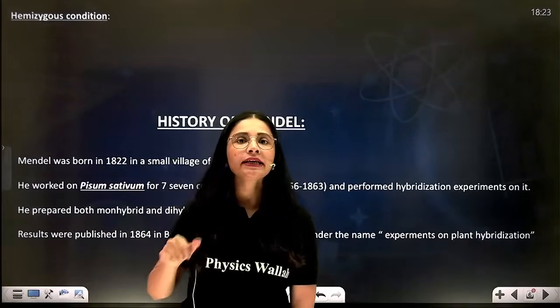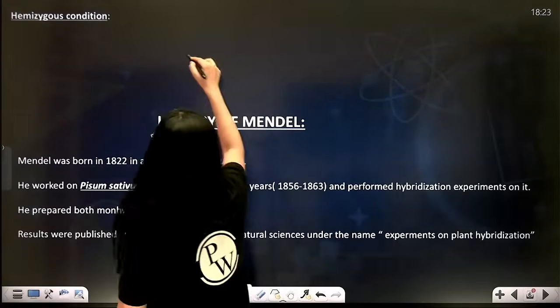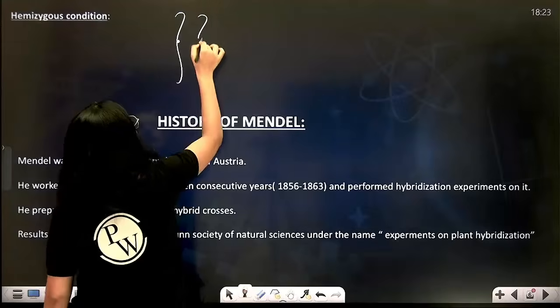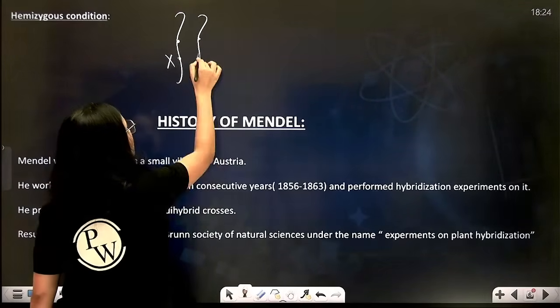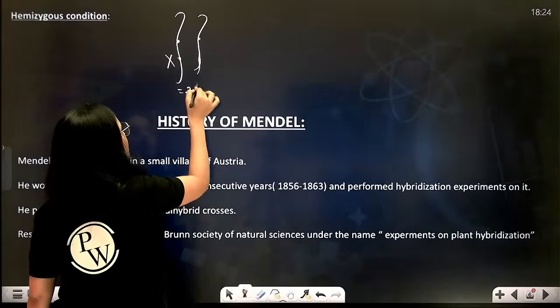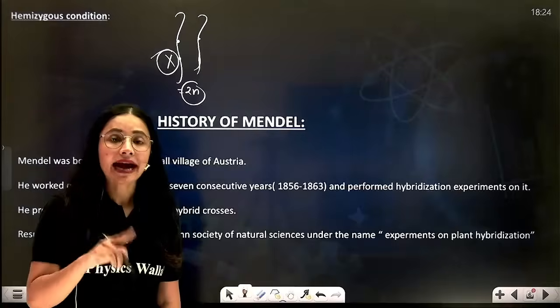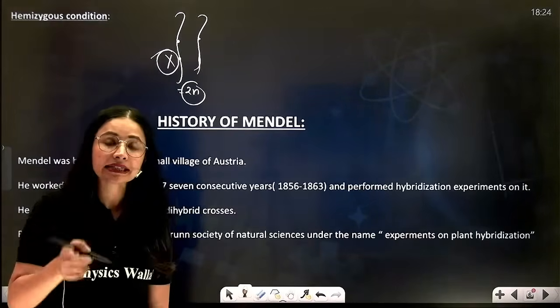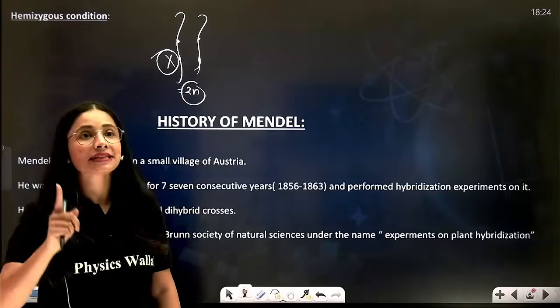Suppose the second allele is missing and only one allele is there, like for example this. So there is an X gene which in a diploid organism is represented by only one allele. In that case, when only one allele is there out of two, this condition is known as hemizygous.